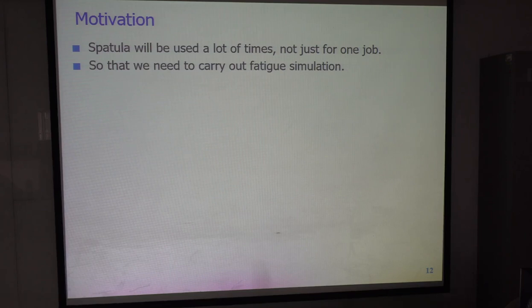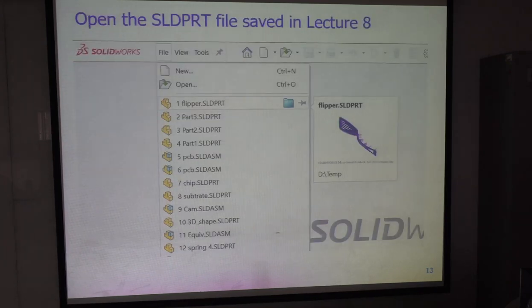Okay, next page, please. So the same, we have the spatula. Like we use the spatula every day. Under one cooking cycle, you may use the spatula many times to flip the food.